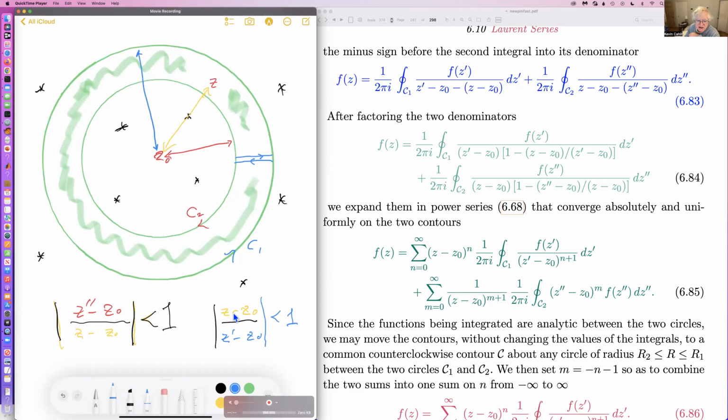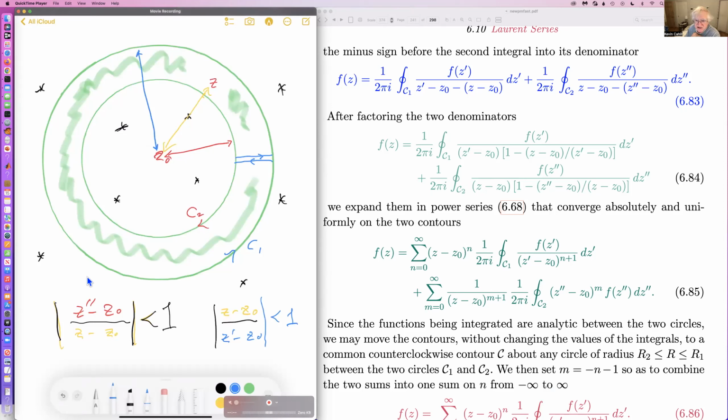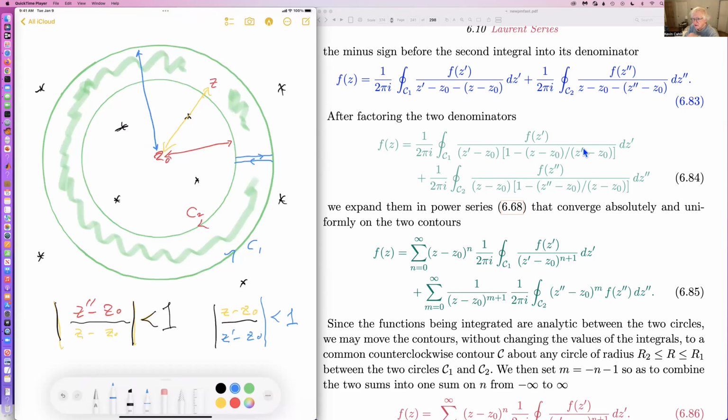That's this inequality. The second one has z double prime minus z0 over z minus z0. That's this inequality. And both of them are less than 1, so we can call them epsilon if we want, and then apply that formula that I've said many times is so important.